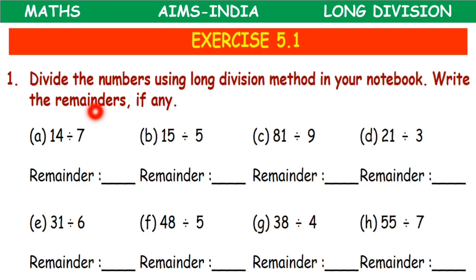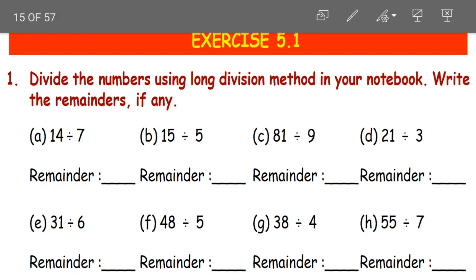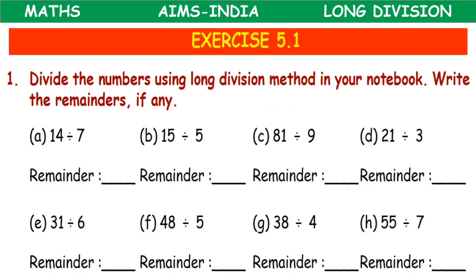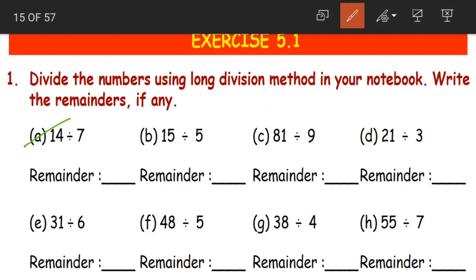Now moving to our exercise 5.1. Now what do we have? Divide the numbers using long division method in your notebook. Write the remainders if any. So what should we do? We should divide the given numbers using the long division method. Let us look at the first one. 14 divided by 7. Yes, dividend inside, divisor outside.